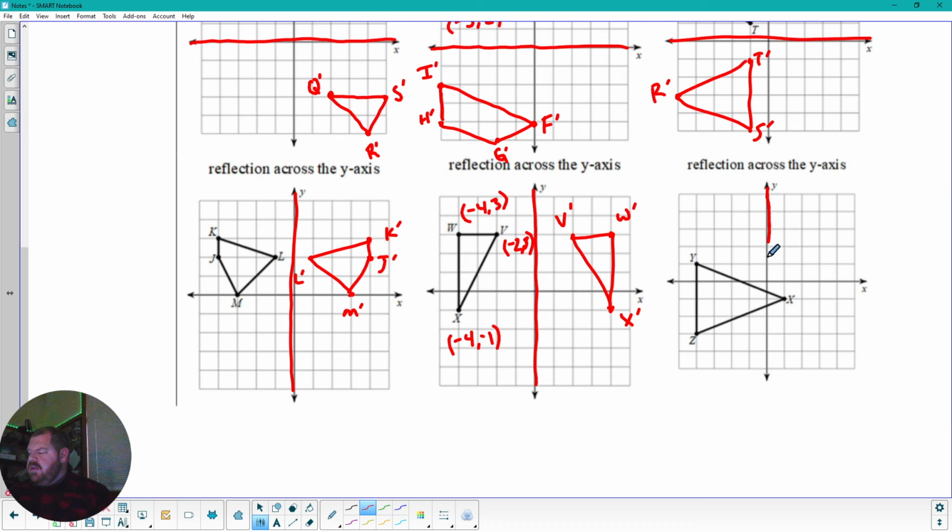Pick one of the ways that I've talked about, either moving point by point or the coordinates. Either one is okay. This one gets kind of weird because it's something that we can't really do in the mirror world of things.